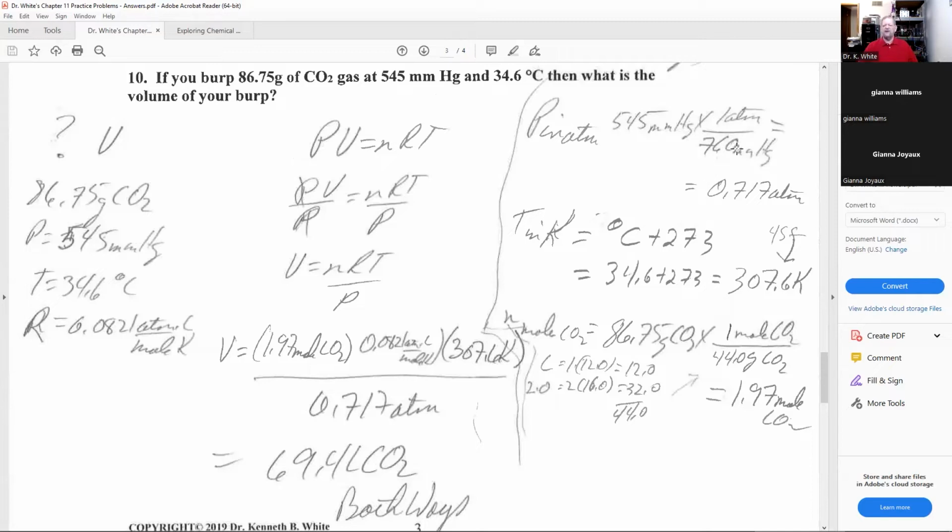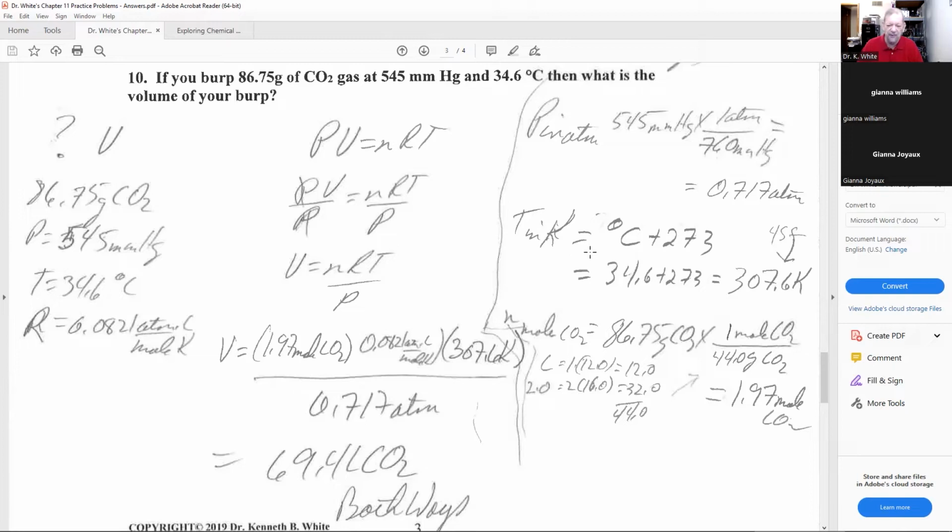Notice millimeters of mercury divided by millimeters of mercury cancels out. I like the special effects. Cancels out, and you get atmospheres. The 545 is 3 significant figures. Remember, all non-zero numbers are significant, and the 1 and 760 are exact numbers. So my answer here is 3 significant figures.